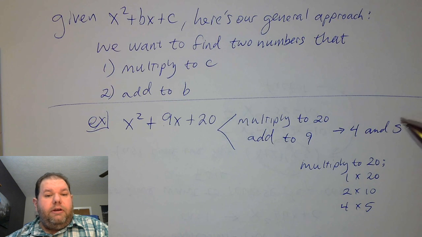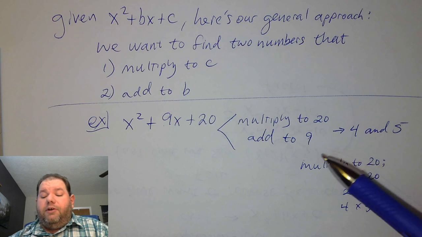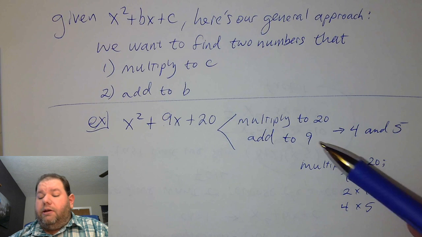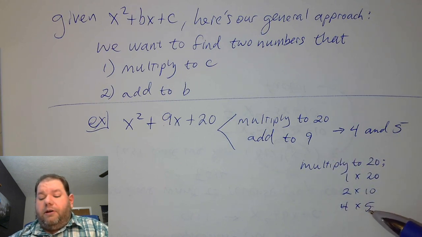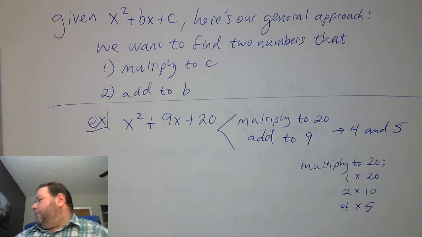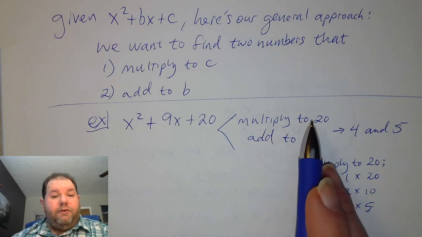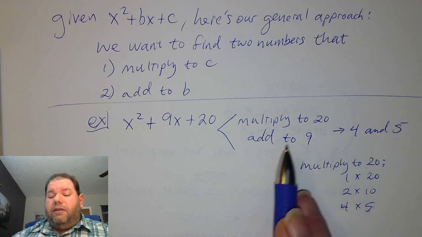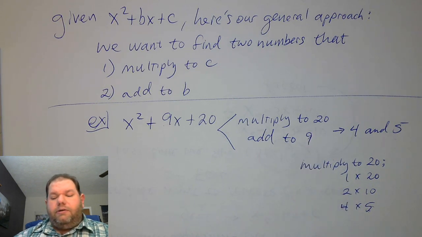There's multiple ways that we can get things to multiply to 20. However, only one of those combinations will also meet the second requirement that the numbers must add up to 9. And then we can identify, hey, that's 4 and 5, that not only do they multiply to 20, but they add up to equal 9. That's why I write what number they multiply to first, because that's what we want to start with. Think of the things that multiply to 20, and then figure out which of those combinations also add to the number 9.